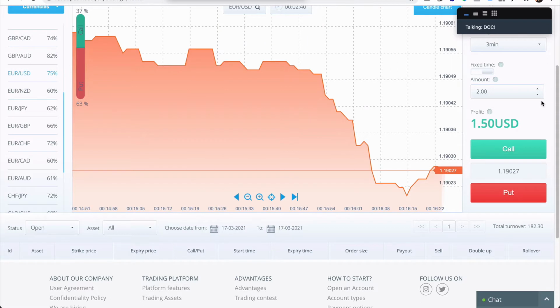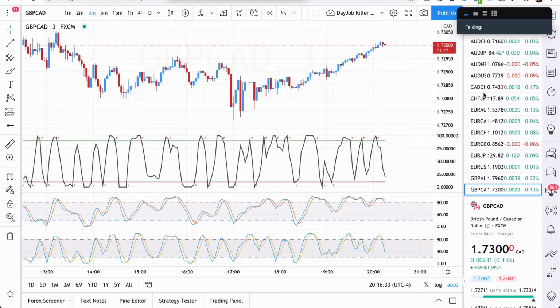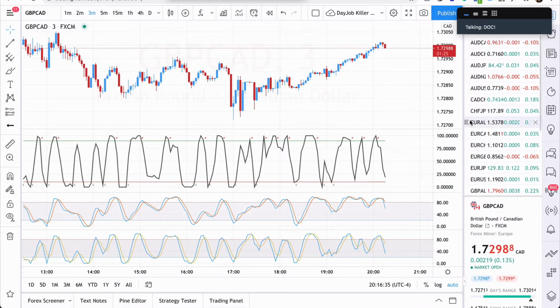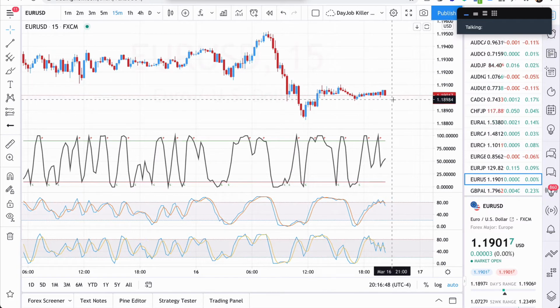I may just enter a trade. Let me drop this down to $1. Let me check something real quick. I don't mind losing. GBP CAD. Euro USD. Let's see. It's consolidating.